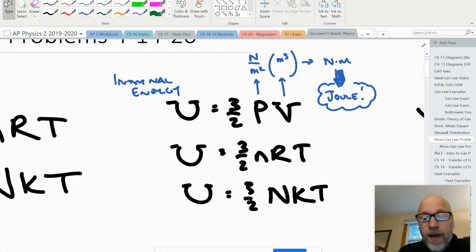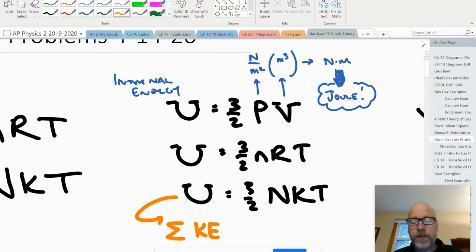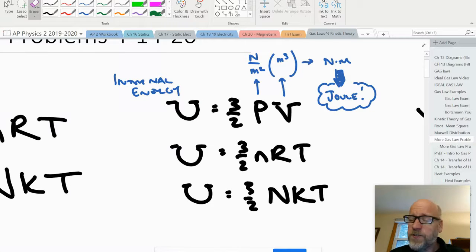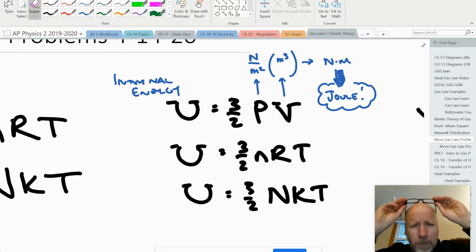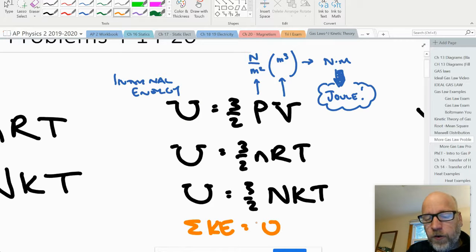The internal energy of the gas is really just the sum of all the kinetic energy of all the different molecules or atoms in the gas. By doing a little derivation that we worked on last class, the sum of all the kinetic energy is the internal energy of the gas.